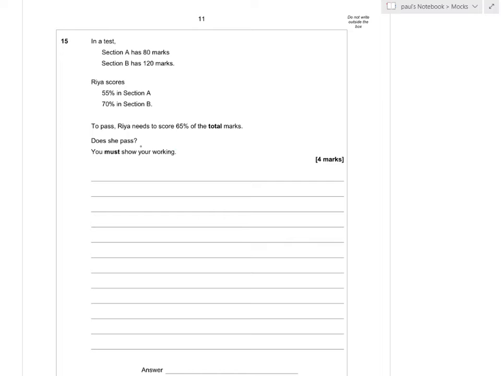Did she pass? So Section A, she got 55% of 80 equals. I wonder whether this is going to be right. 55 divided by 80 times 100. So she got 68.75.